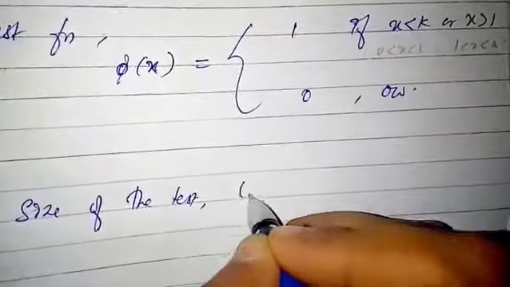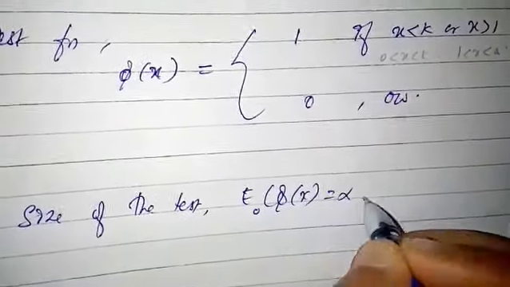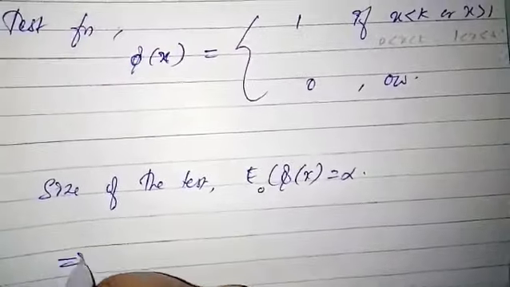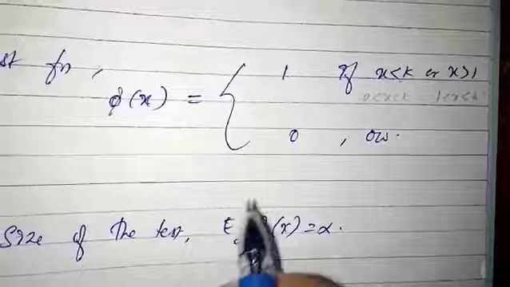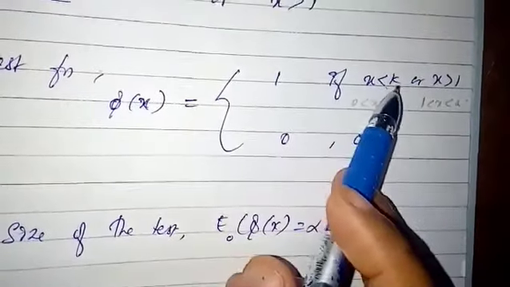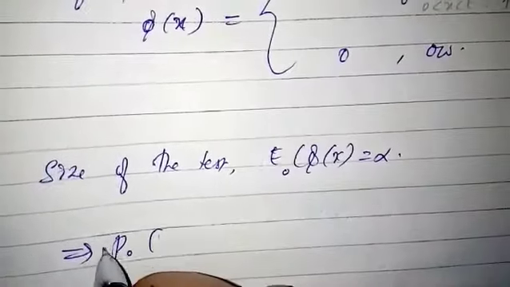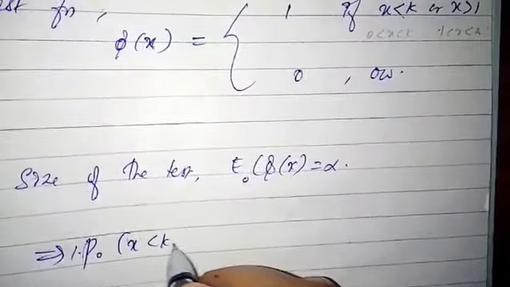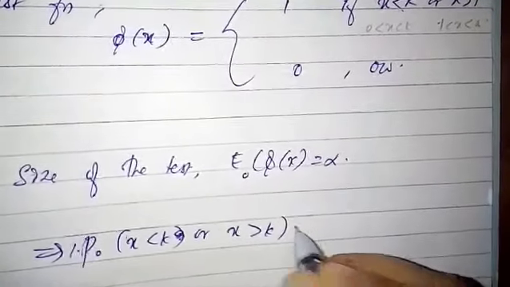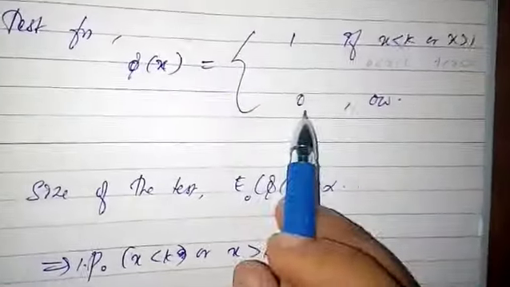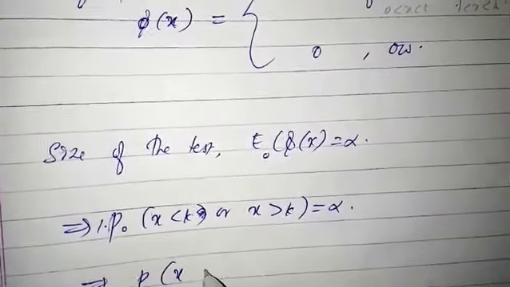What is the size of the test? Size of the test equals the expectation of phi of x under H naught, equal to alpha, right? Which implies probability of 1 into x less than k or x greater than 1 equals alpha.